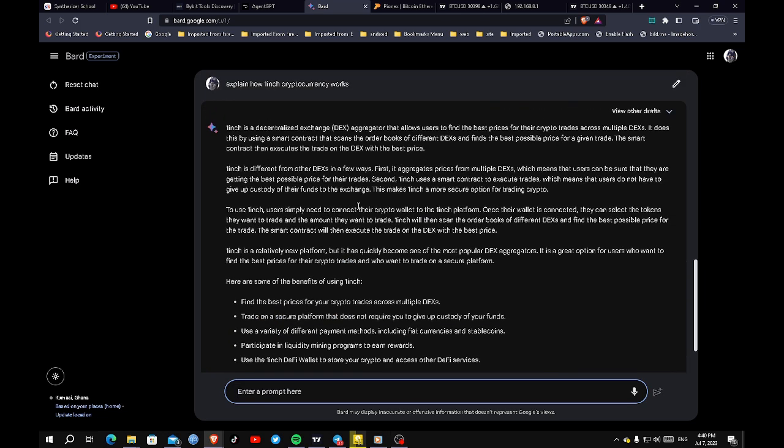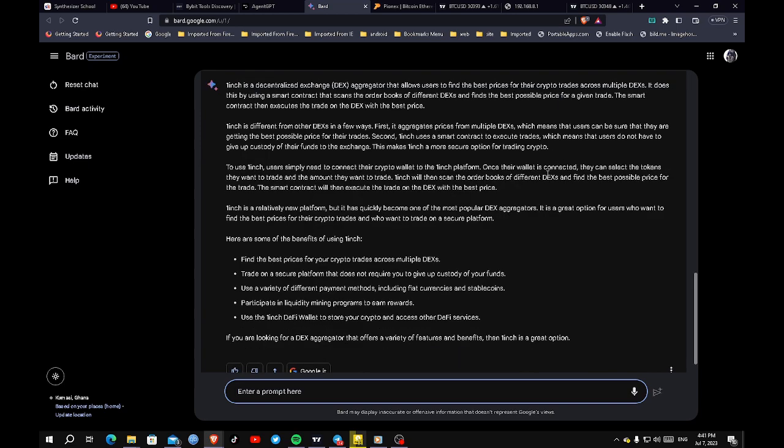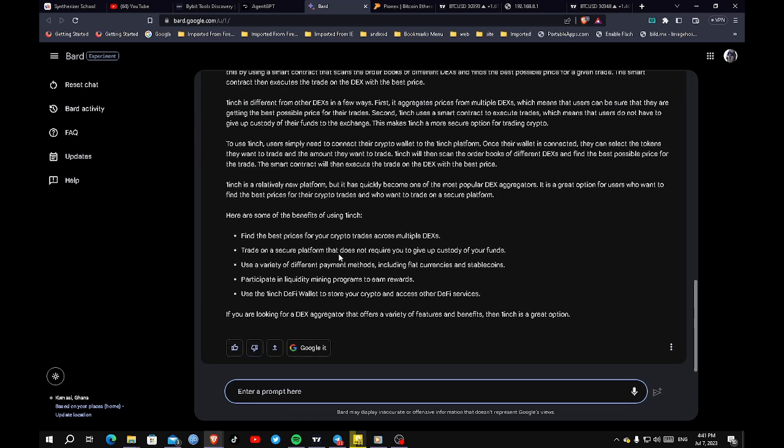Then it explains to you how it works. It's a decentralized exchange aggregator that allows users to find the best prices for their crypto trades across multiple DEXs, and gives you a lot of information.